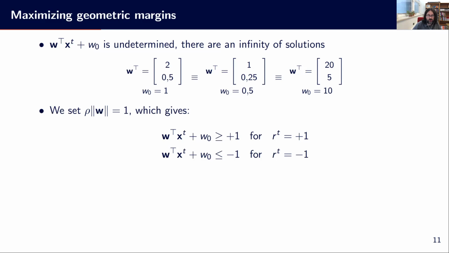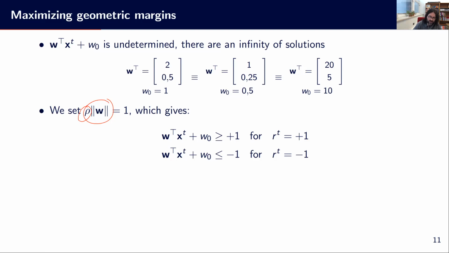Now, to constrain that, we can set that rho, the margin, times the norm of W should be equal to 1. We set that constraint, which adds an extra equation, so the system that we saw as underdetermined is no more the case.